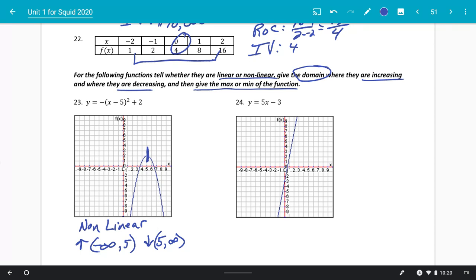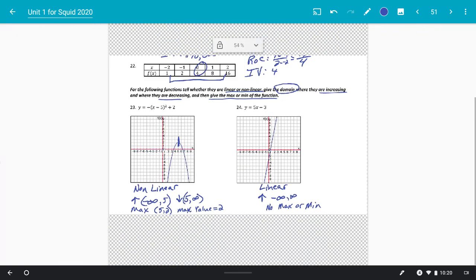And it has a maximum at the point 5, 2. So the max value is 2. All right. Number 24 is linear. It is increasing from negative infinity to positive infinity. It does not decrease and has no max or min. Cool.